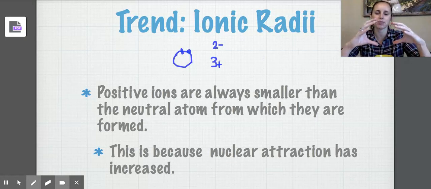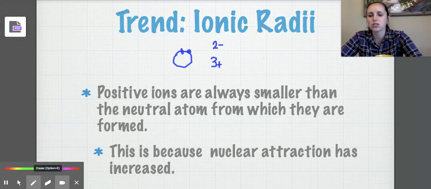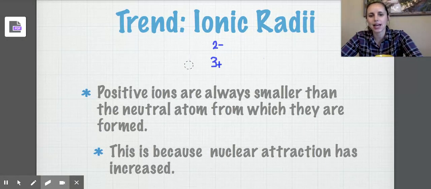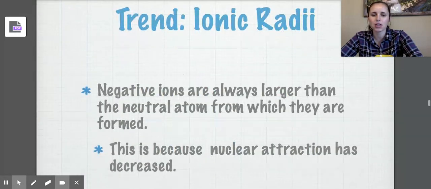So that shell that houses the electrons is actually going to be even closer to the nucleus because there's now more positives than there are negatives, and that means that the net nuclear attraction has been increased. Now that we understand positive ions, let's take a look at negative ions.